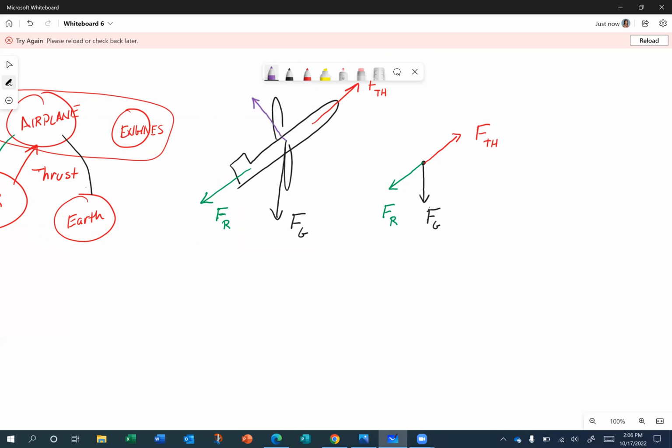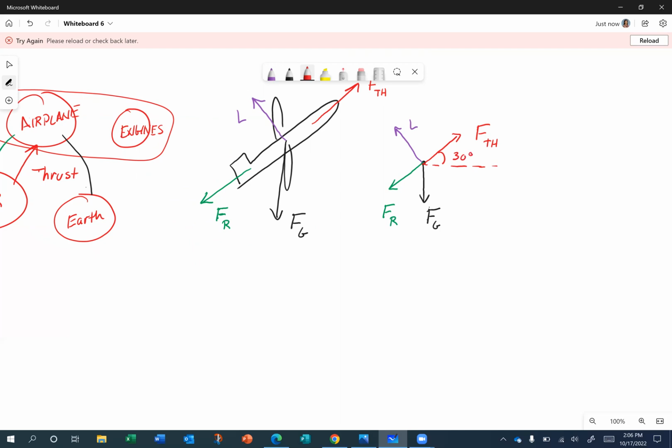So that lift force would be up like this, perpendicular to the wings. And then the plane is flying at an angle of 30 degrees with respect to this horizontal line.